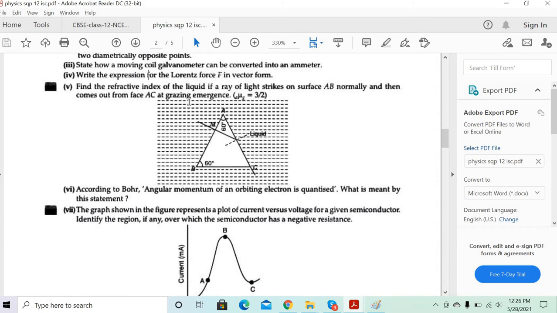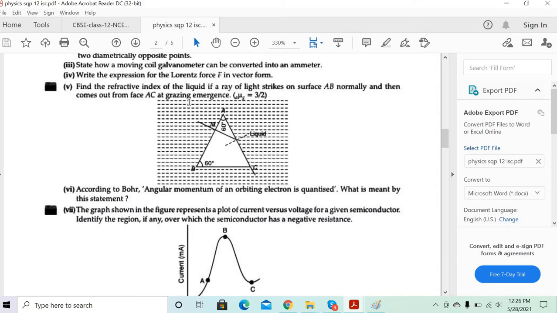I wrote that angular momentum is a discrete value. It means that the angular momentum of the electron is quantized. Basically, it has a discrete value. Yes, you are right. That's the key word you have to mention.